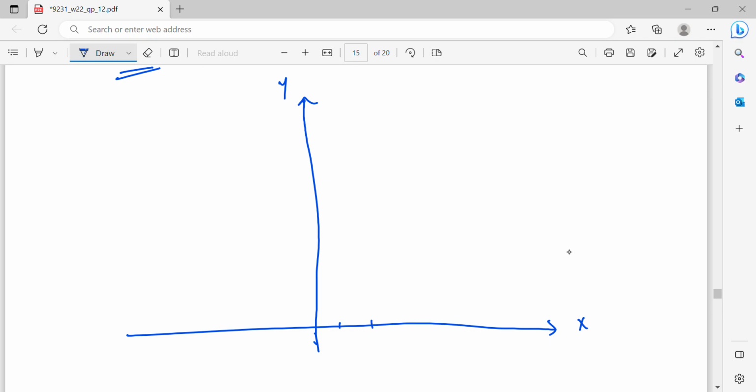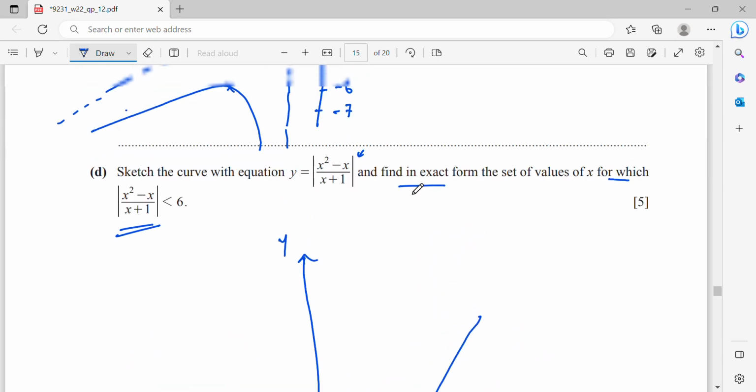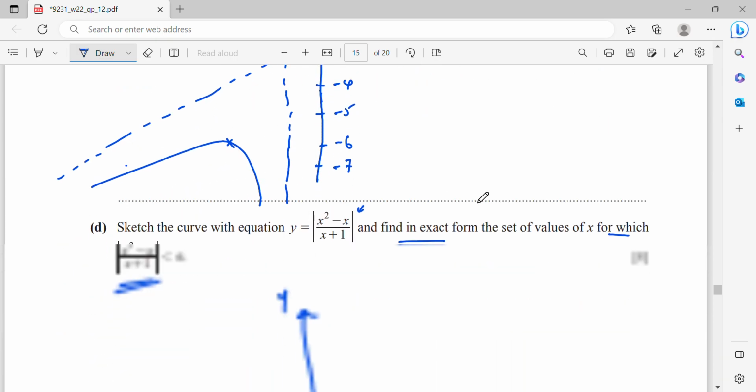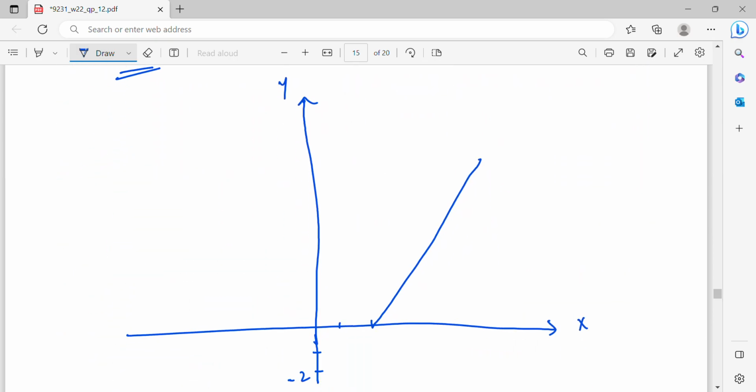So let's say here is the 2. Right? And then look at the graph here. Basically, it will cut at the 1, so 1 and 0, it will be flipped. So I'm going to flip my graph. This is supposed to be the asymptote.